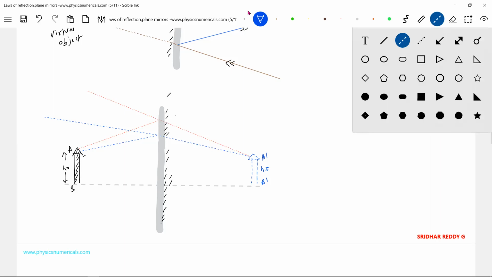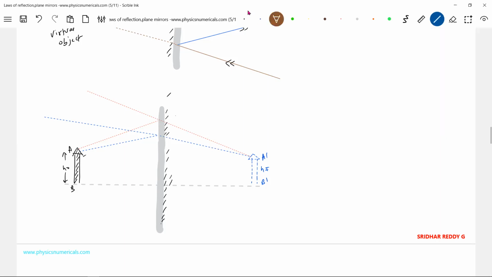So now I'll go for solid lines. This is the incident ray, after reflection we'll get like this. Then this is the incident ray, after reflection we'll get like this.